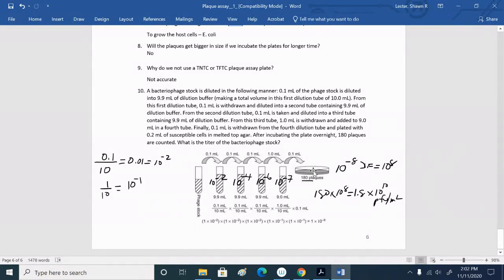When we got to the plate, we included the volume we put on the plate in our final dilution here. Or you could have waited to the end and then divided by 0.1, and you would still end up with the same number. I just think it's easier to include it in our dilution on the surface of the plate. And then we just make that a positive exponent, multiply number of plaques times the dilution factor, and then put it in proper notation.